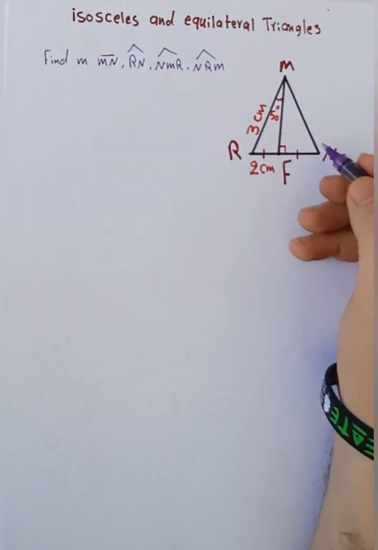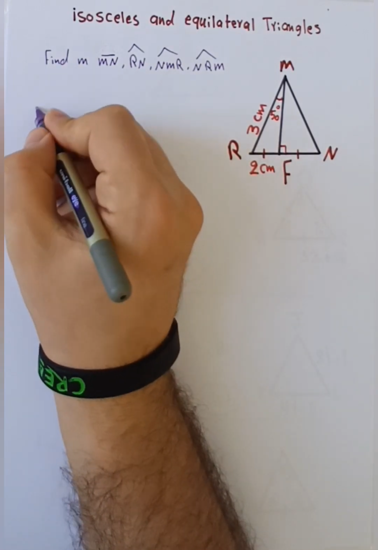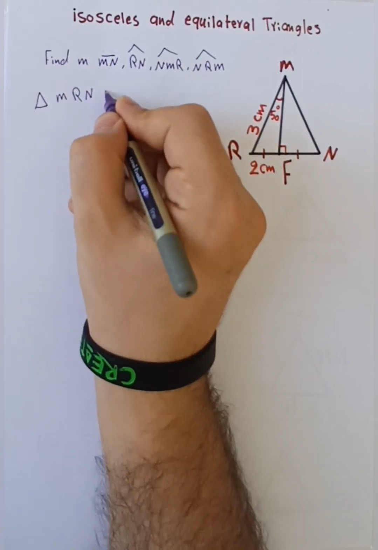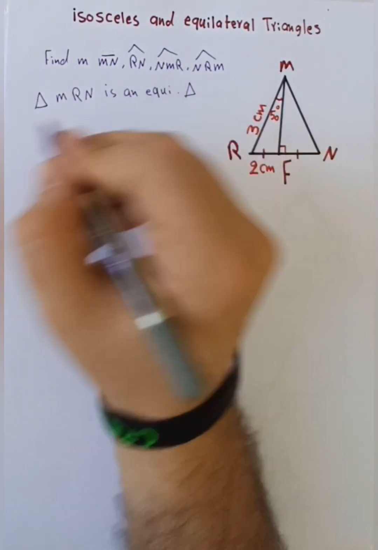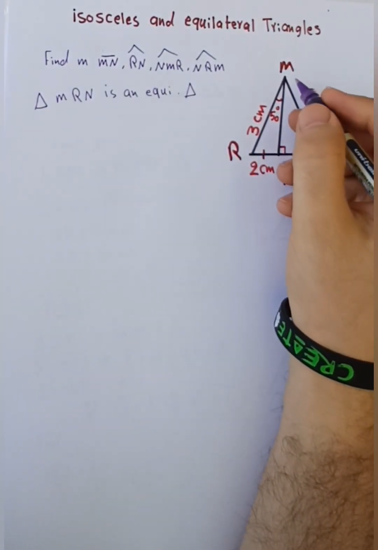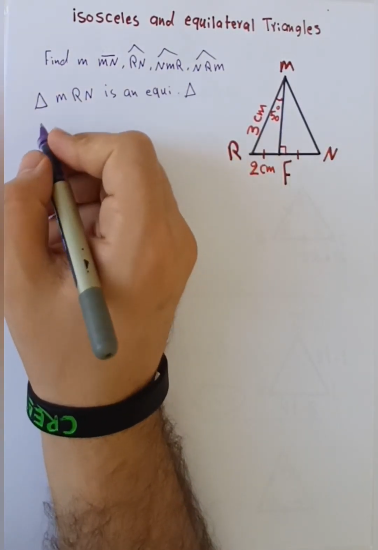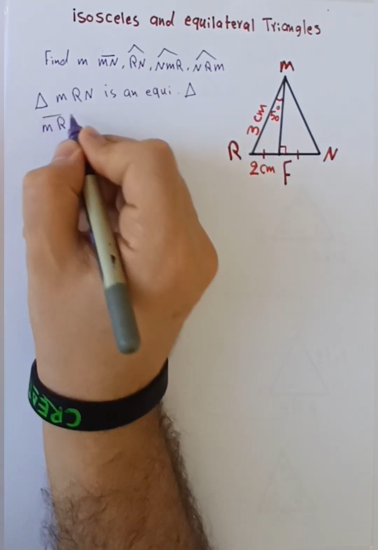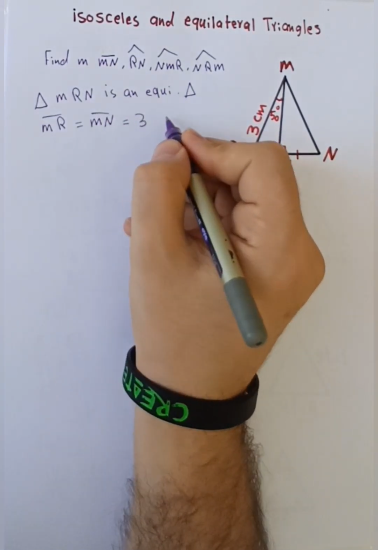Because this triangle is an equilateral triangle, MRN is an equilateral triangle. So we can say MR is equal to MN because all sides are congruent in equilateral triangles. So the measure of MR equal to the measure of MN equal to 3 centimeters.